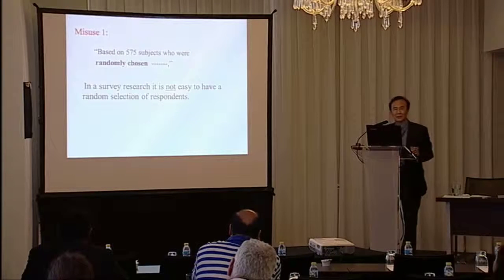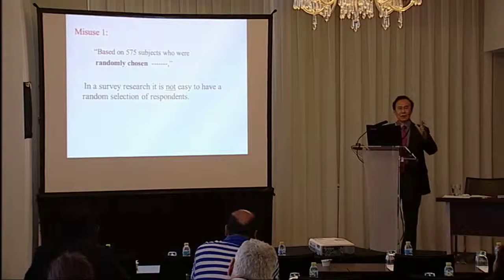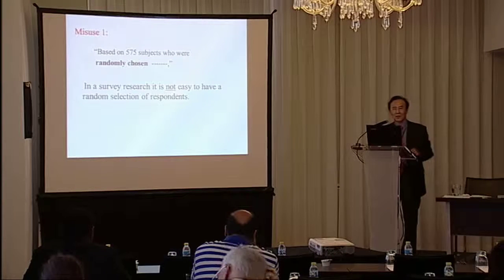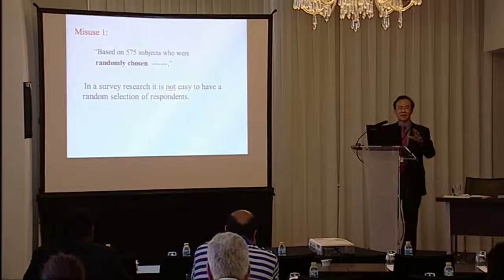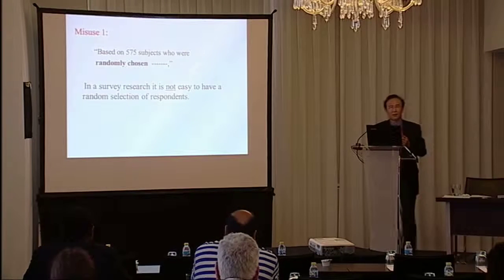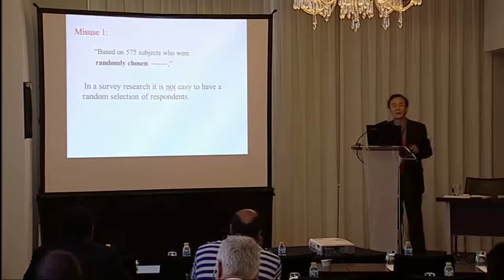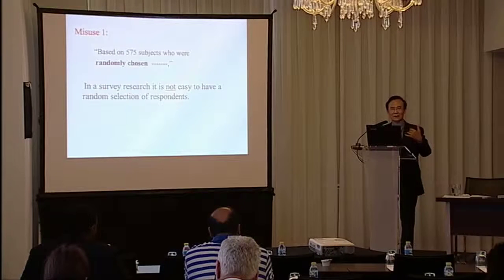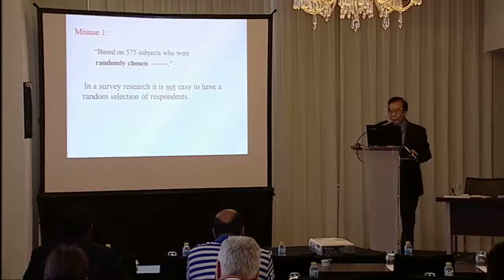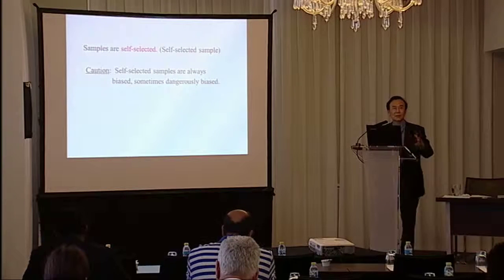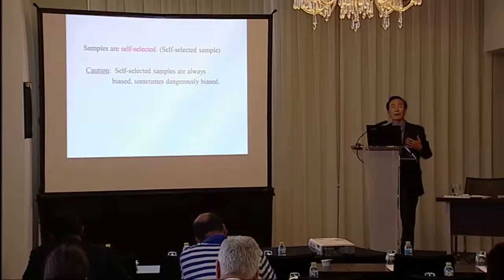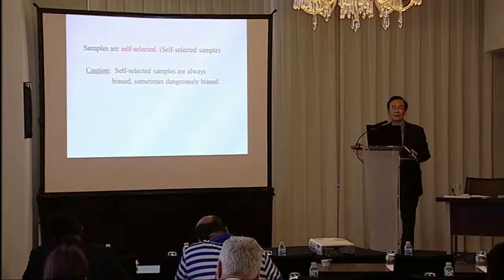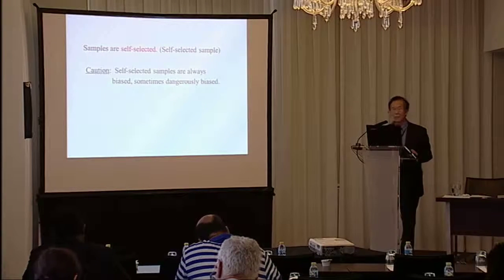You may get a random sample of 1,000 patients to whom you provide this questionnaire, but they have to decide, after filling out the survey questionnaire, whether or not to return it. In other words, the patients decide. So this is what is known as a self-selected sample. There's a huge difference between a self-selected sample and a random sample. The self-selected sample is extremely biased, and often it is dangerously biased.